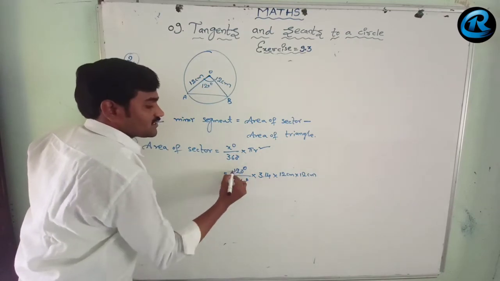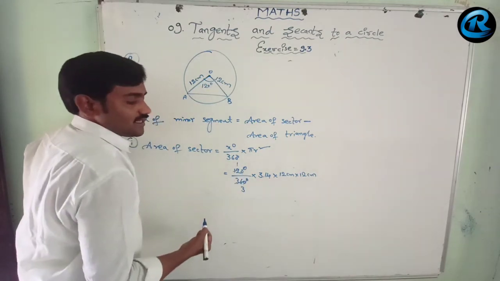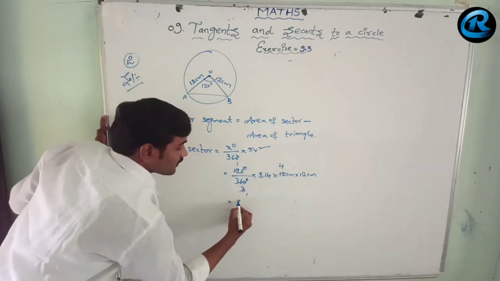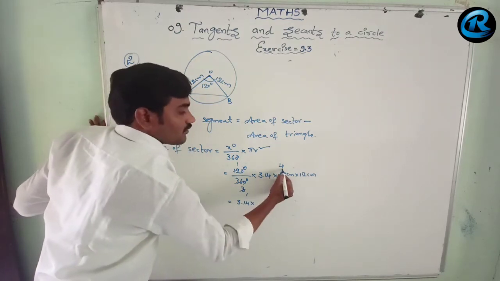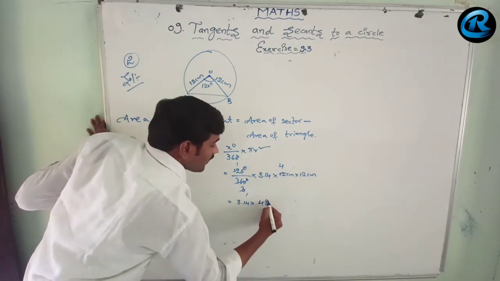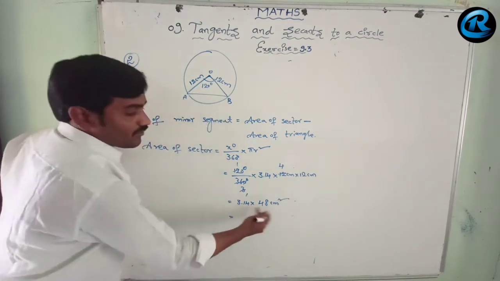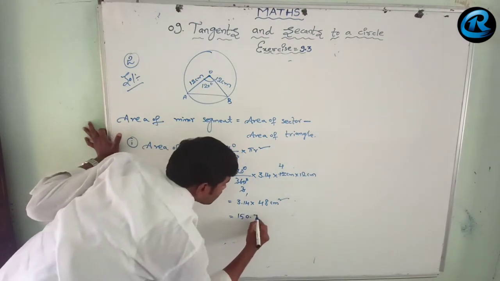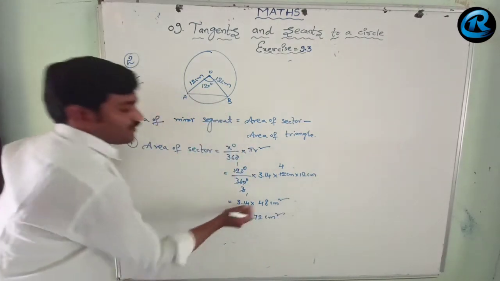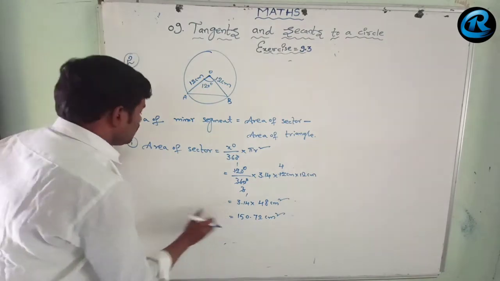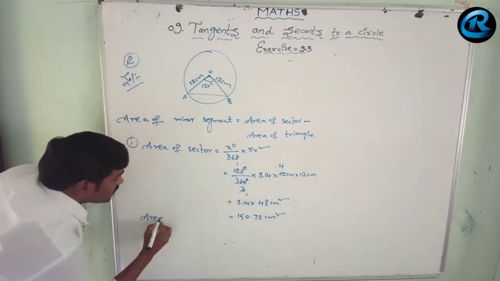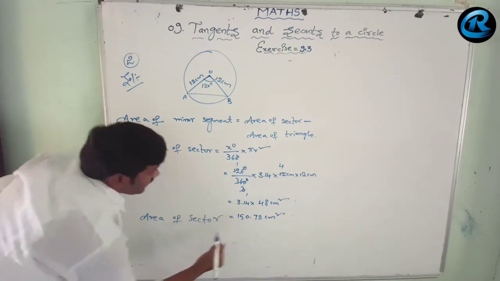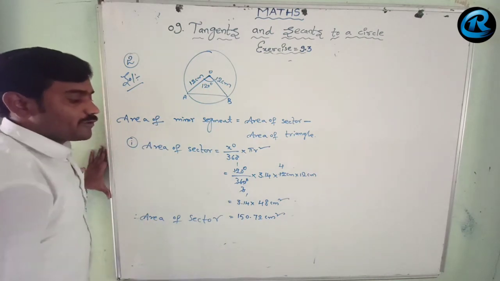Here the zeros get cancelled. 12 ones are 12, threes are 36, and 3 ones are 3, so we get 3.14 into 12 fours are 48 centimeters square. Now when you multiply both, we get 150.72 centimeters square. You can do the multiplications, you know how. So area of sector is equal to 150.72.